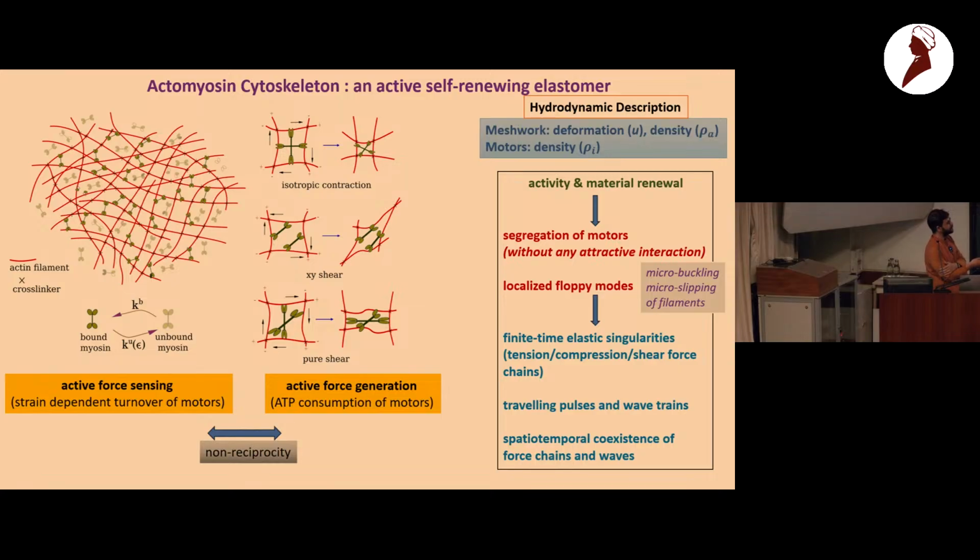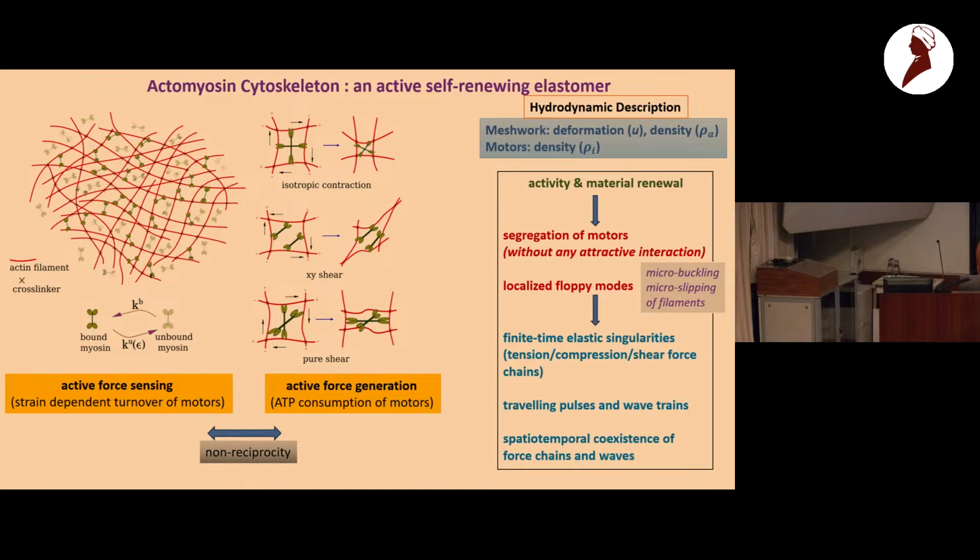We will write down the equations for all these variables, and we will see that if you start with a homogeneous density of myosin, like a random mixture of myosin on this meshwork background, due to this activity and this turnover, this material renewal, which is actually the force sensing aspect, ... Sorry, this is the density of the myosin motors, and no, sorry, this is actin. This rho A is the actin density.